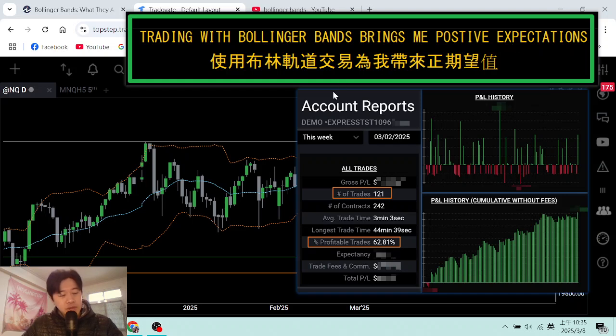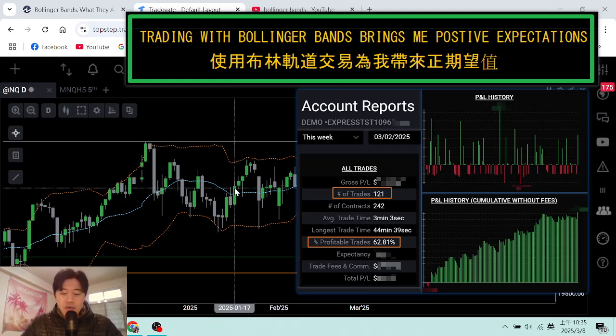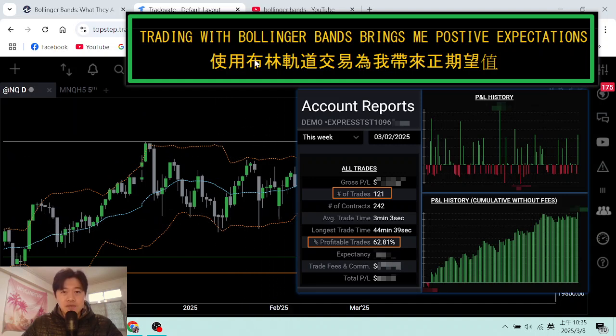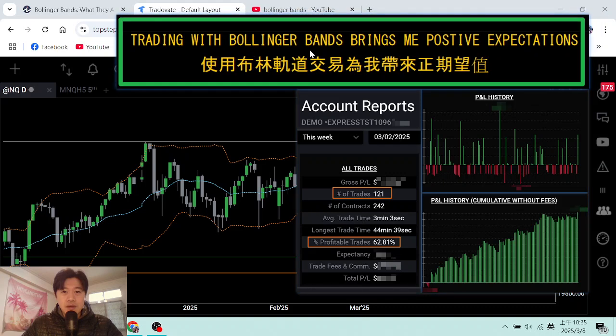I have been trading for over 6-7 years, but recently I really got a lot of improvements because of learning this Bollinger Bands.